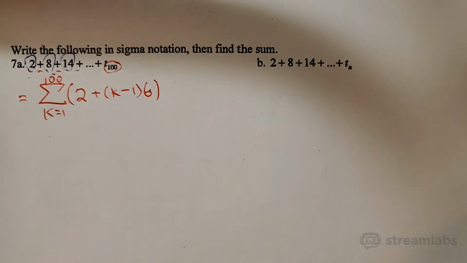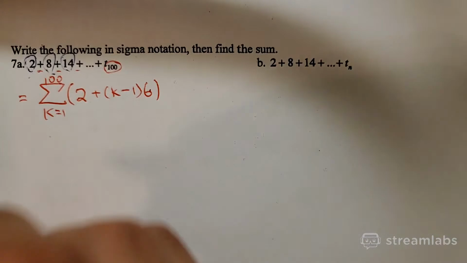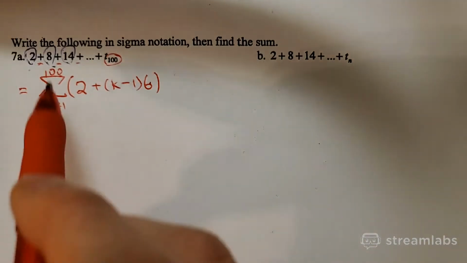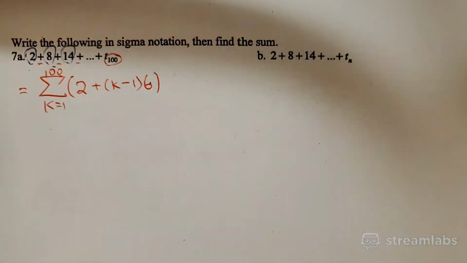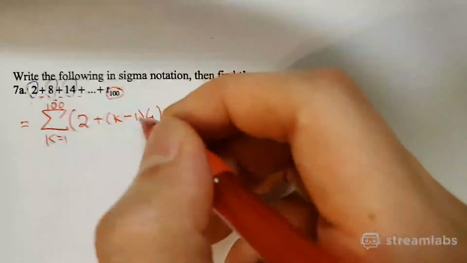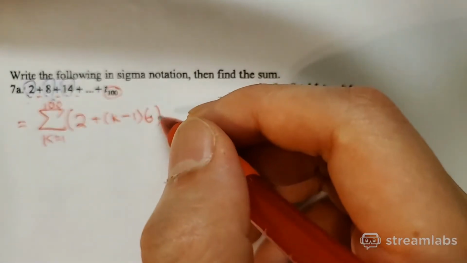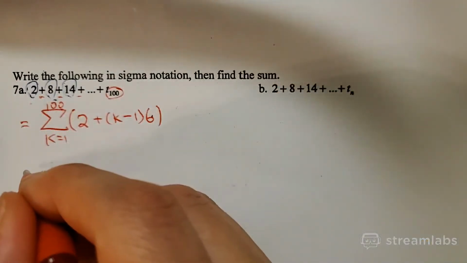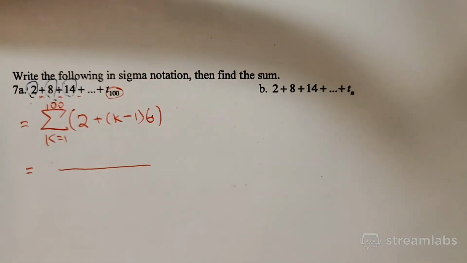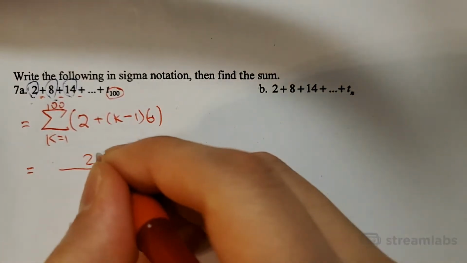Okay, because it's sigma notation and we want to find a sum, there are 2 ways to do this. One way is you actually just do the formula, find what the last term is, right? So your sum is going to be 100 times first plus last, over 2.